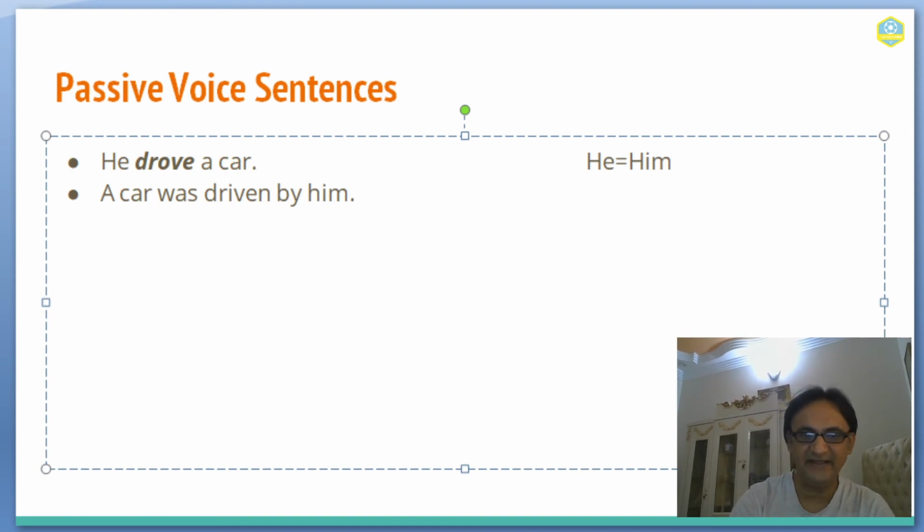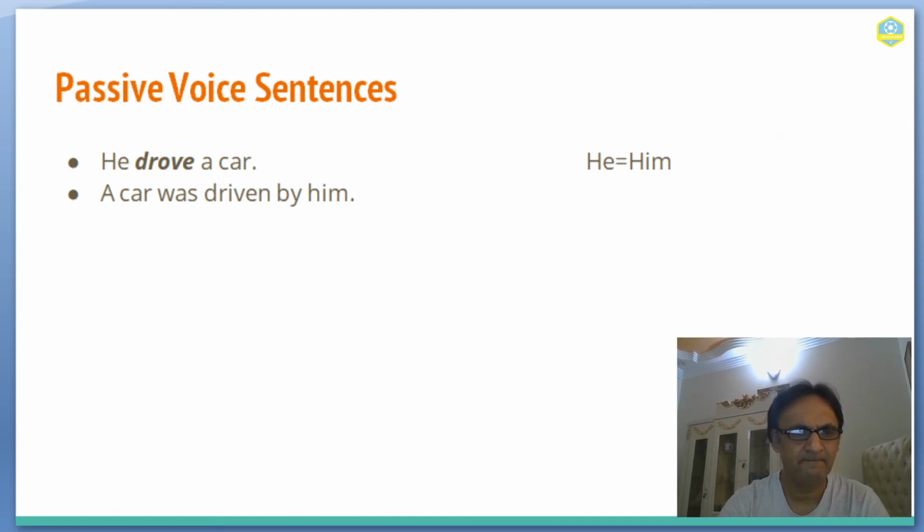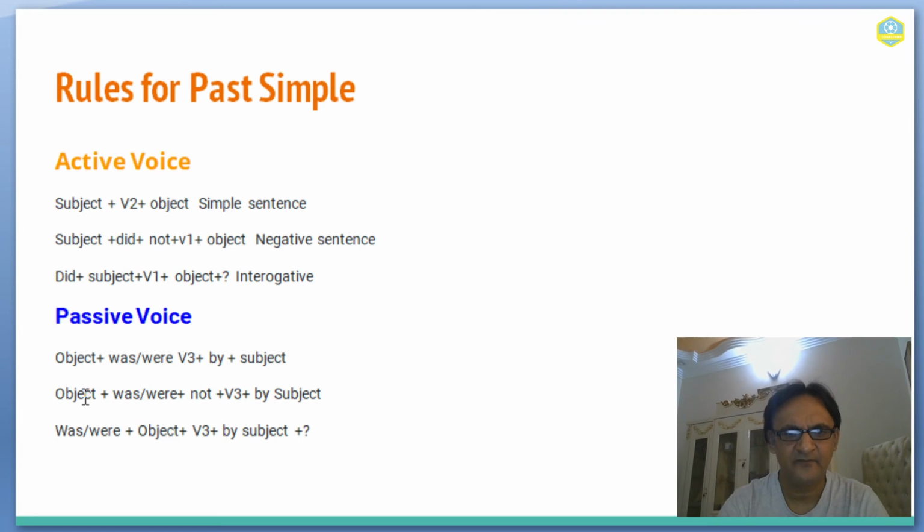So if you want to make an interrogative, I'll be telling you how to make the interrogative of this sentence. For making interrogative: was, objective a car, third form driven by him.